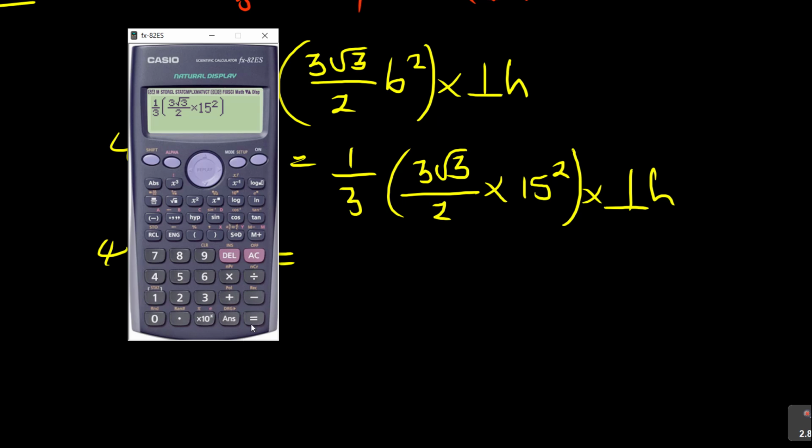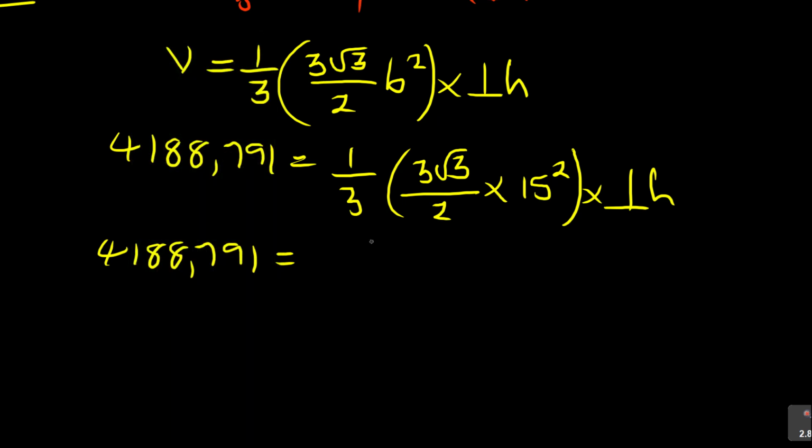All right, then equal to, you can write this number with as many decimals as possible, 194.8557. I think it will be fine. So I've got 194.8557 times perpendicular height.